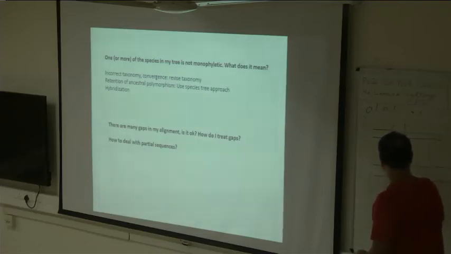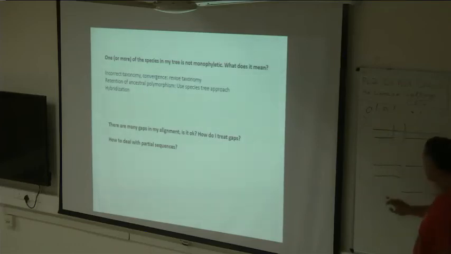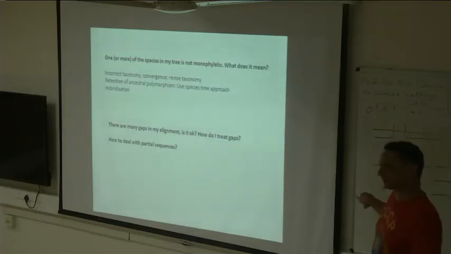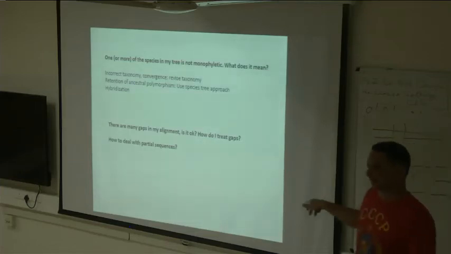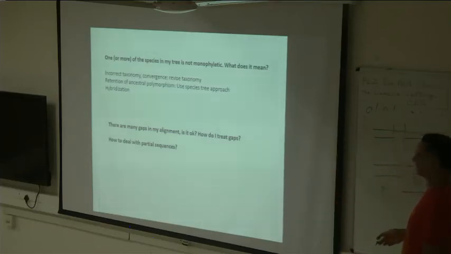For some species, you have all the 3 genes. For other species, you manage to only sequence 2 genes. This is true missing data. That data can be generated, but you didn't have the time or the money, or the PCRs were not working. This is truly missing data. Whereas this is a true gap.